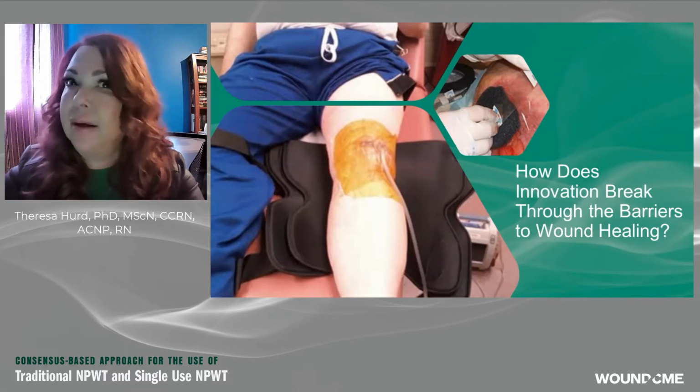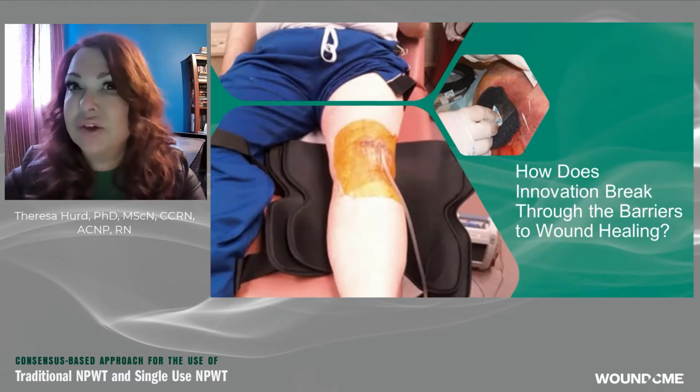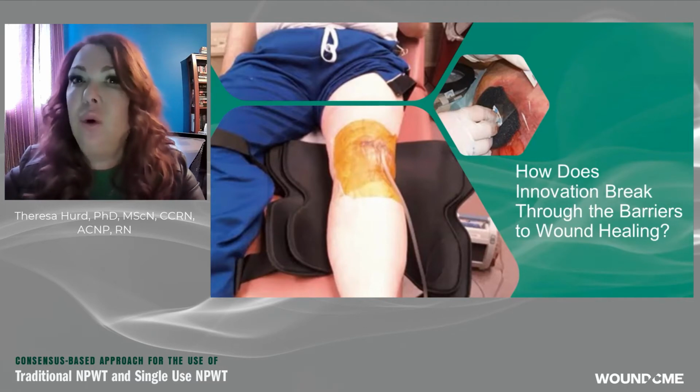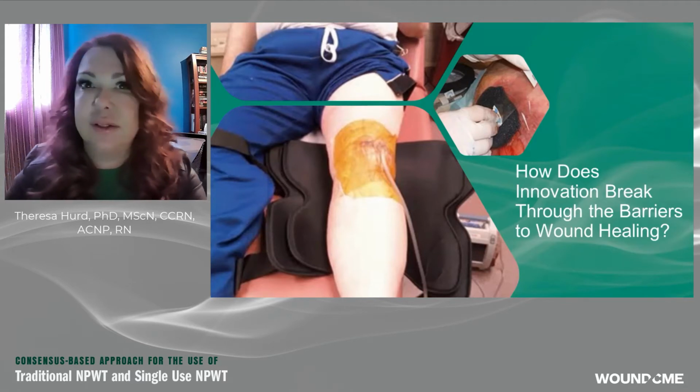Based on that, we can say that innovation actually does bust through one of the barriers to wound healing. As your organization, as a clinician, if you want to continue to reduce these barriers to wound healing, you have to be up and ready for these kinds of innovative treatments that come.